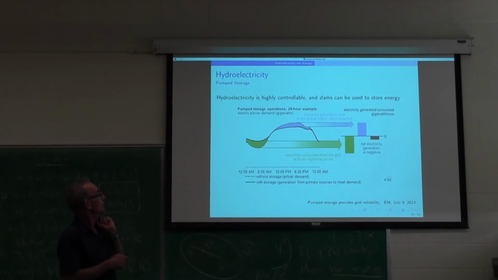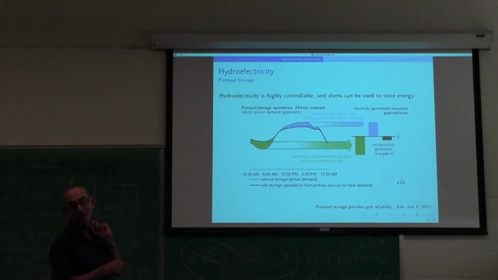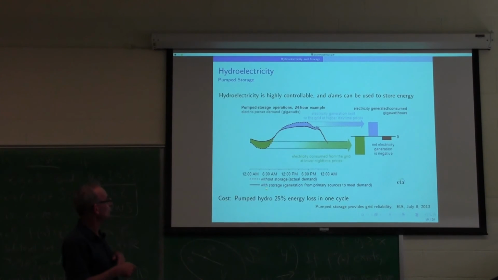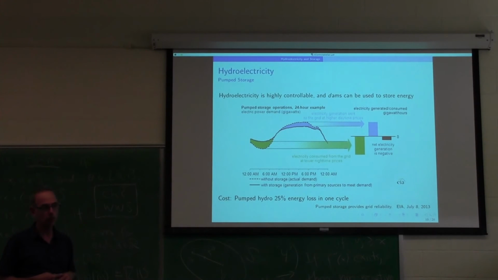And so at nighttime, when there's plenty of energy and not much demand, you would pump water uphill, and then during the daytime you'd let the water come out and run a generator. And there's a 25% energy loss, which is not the end of the world in some cases. So the round trip cycle, it takes energy to pump the water up. You get energy back when it comes down. You'll lose 25% through the whole process.